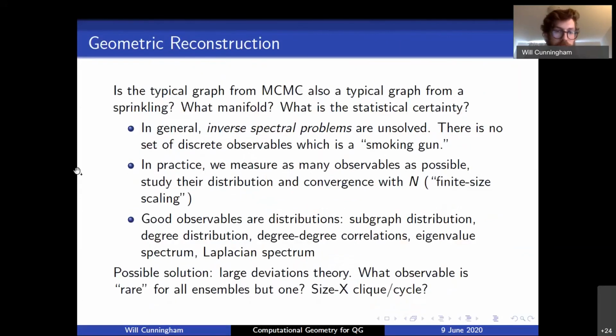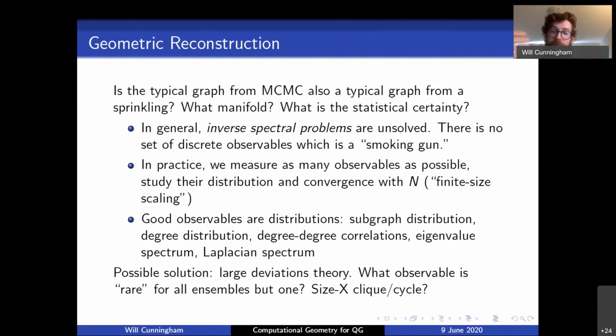I will skip this bit about geometric reconstruction. The only point is to say that once we do some sort of Monte Carlo simulation, we end up with some ensemble, some measure over all of our graphs, and we want to understand how that measure compares to the measure over graphs which originate from sprinklings, from specifically discretizing a particular manifold.